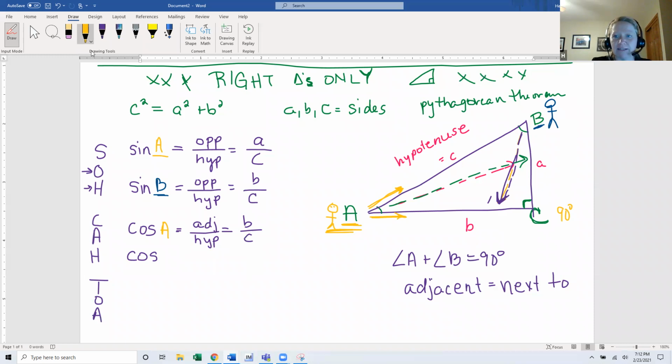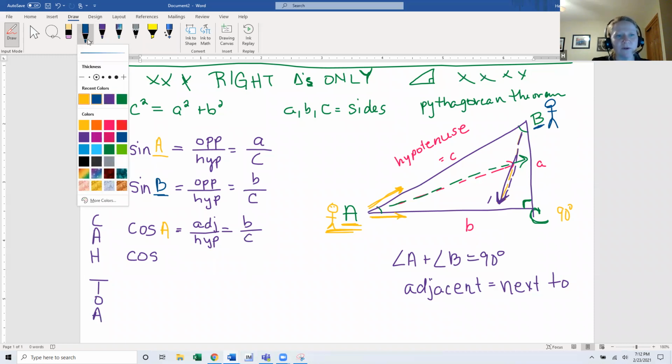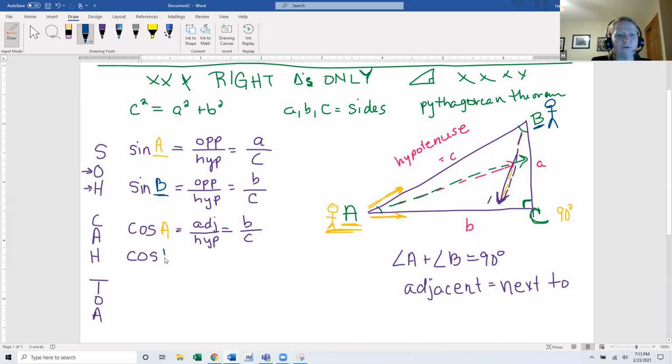All right. Go back to blue. So now we're from the perspective of angle B, cosine B. Now we're up here, blue stick figure. What side is adjacent to angle B, but it's not the hypotenuse?